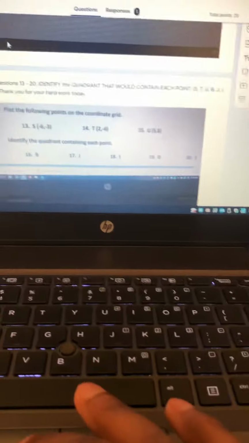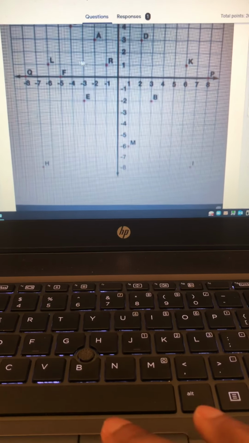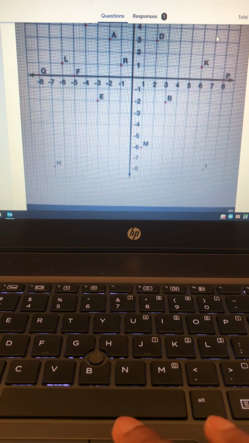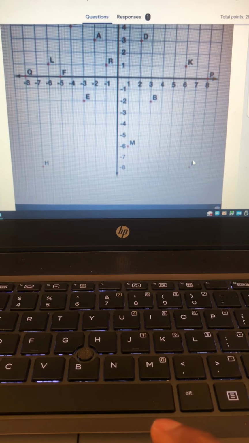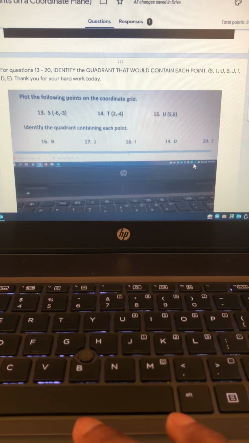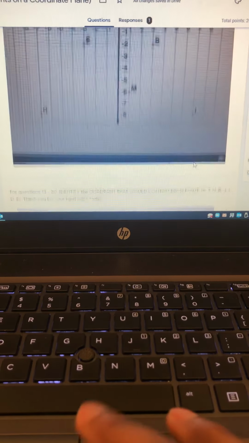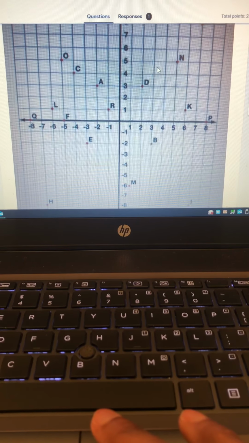The next one is I. So we see here I is over and then down. So that is going to be quadrant 4. I is quadrant 4. That was 18. 19 is D. So over and then up, that's quadrant 1.